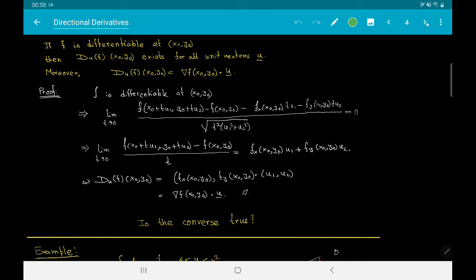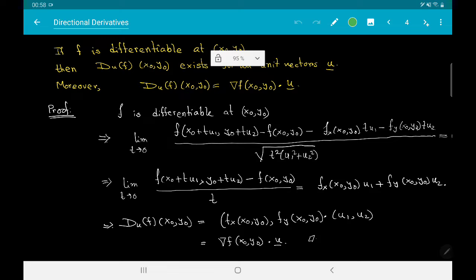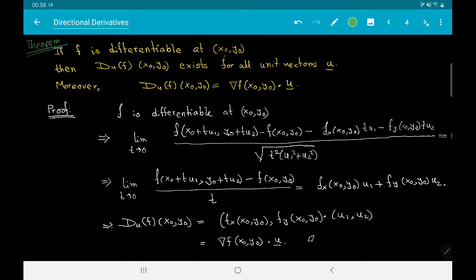So here is a theorem that we are interested in. So let me call it a theorem now, which I have not written. So we have seen that if we have a function which is differentiable at the point (x0, y0), then the partial derivatives exist. And this theorem says that if the function is differentiable at the point (x0, y0), then the directional derivative of f along any direction u at the point (x0, y0) exists.